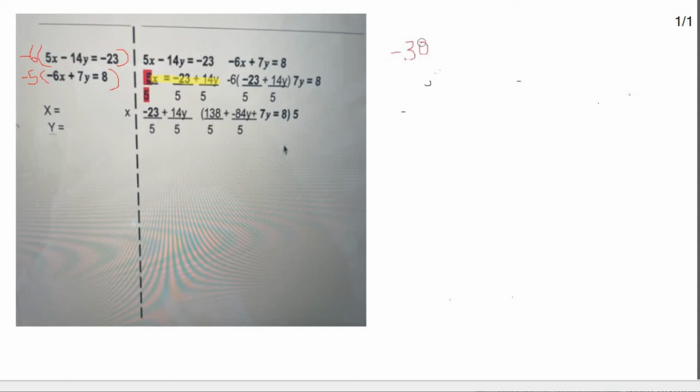which will give us a -30x. We have a -6 and a -14 will give us a positive, and that's going to give us 84y equals, and then we're going to have a positive, because we have a -6 and a -23 will give us a positive, and then we have to multiply 23 times 6, and that will give us 138, okay?